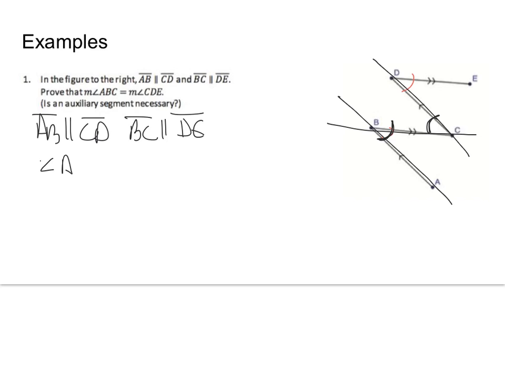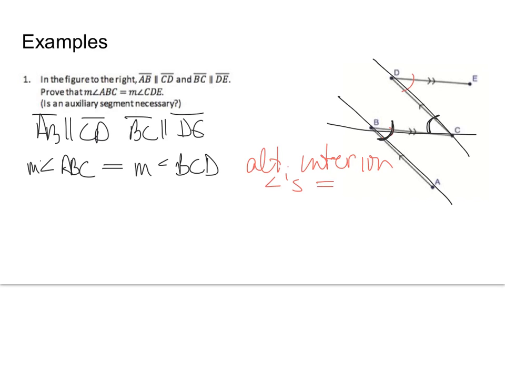So the measure of angle ABC is equal to the measure of angle BCD because of alternate interior angles are equal in measure.